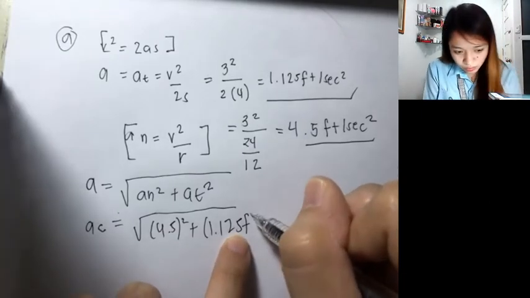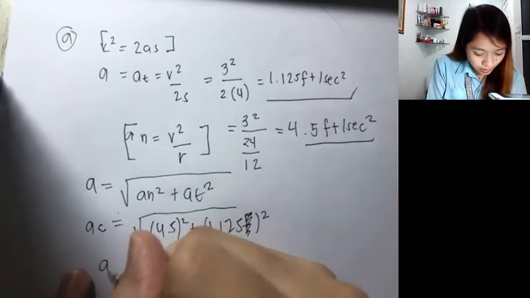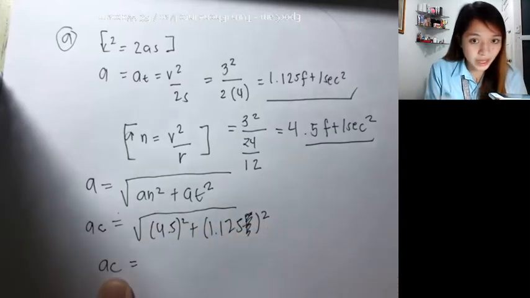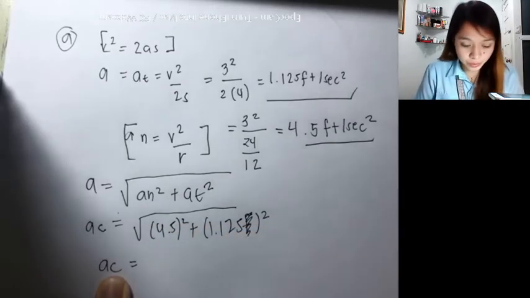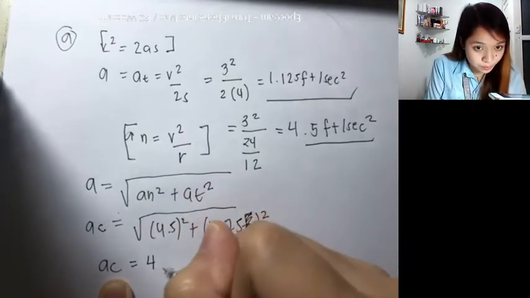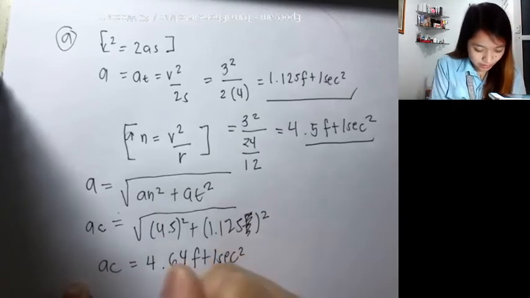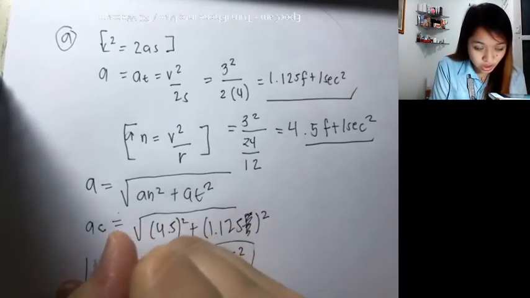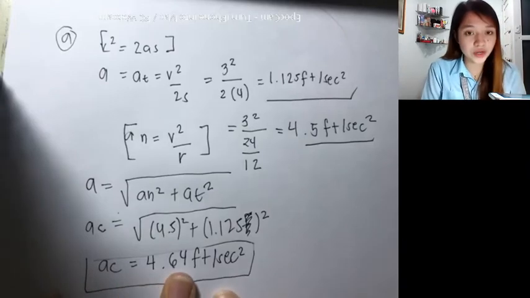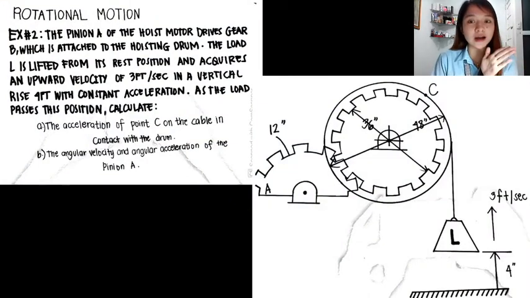No need to include the unit. We get 4.64 feet per second squared. That is the acceleration at point C. So that is for our A, searching for the acceleration of point C.